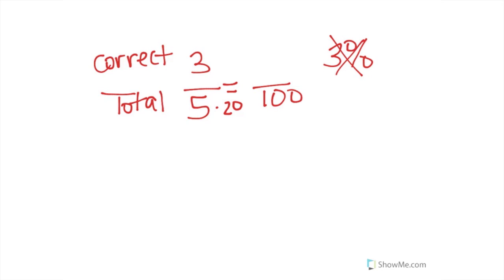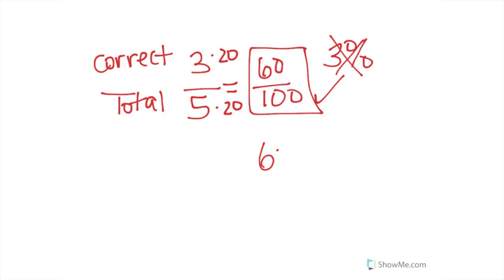What you do to the bottom, you must do to the top. 3 times 20 is 60. Now that you have it out of 100, you get your percent. Your percent would be a 60%. So is it getting pretty easy right now? It's super easy. As long as you remember, percent means in Spanish por ciento, which means per 100. Every time you hear or read the word percent, think out of 100, out of 100, out of 100.